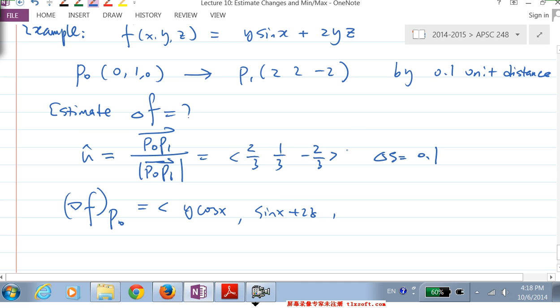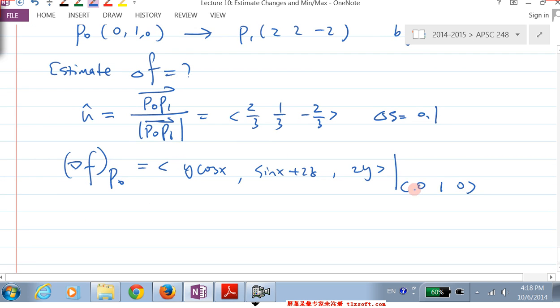Partial f over partial z is 2y. Plugging in P naught (0, 1, 0), so x is 0, y is 1, and z is 0. What does that give us? 1, 0, 2.